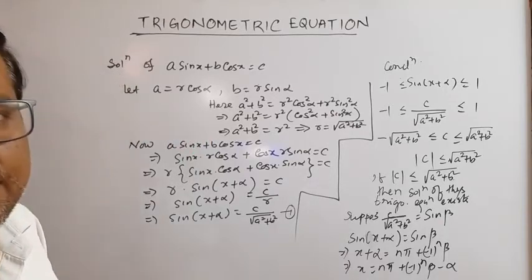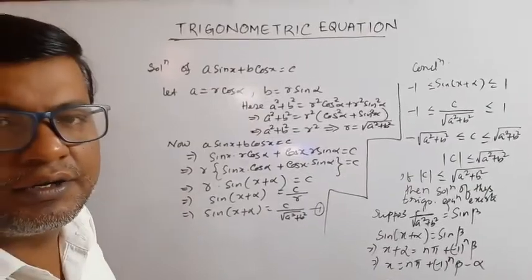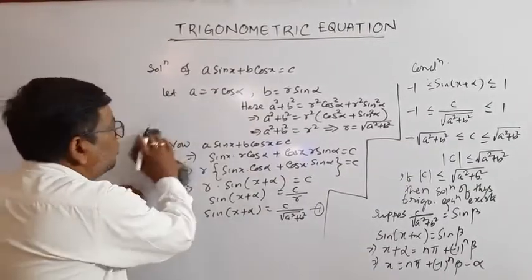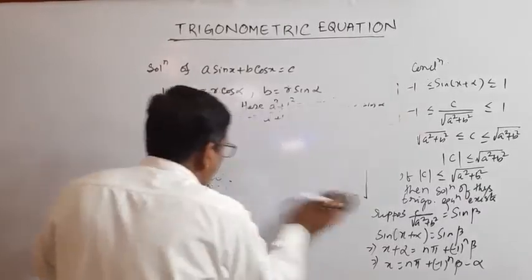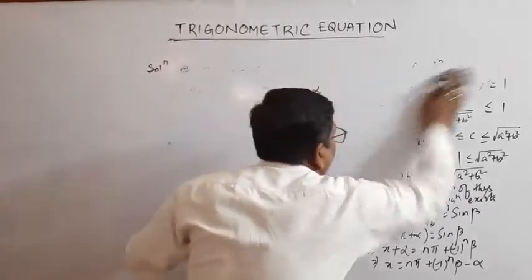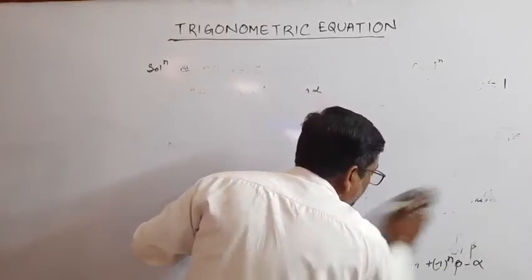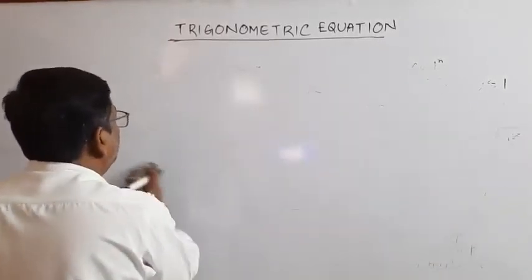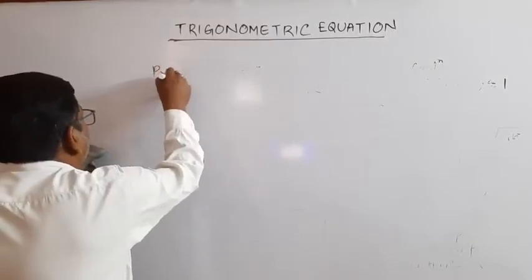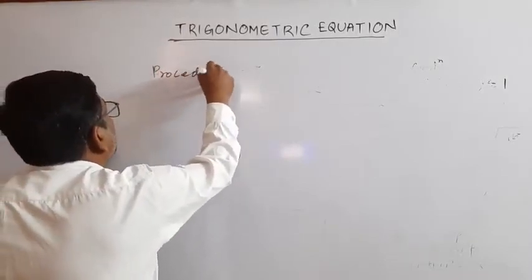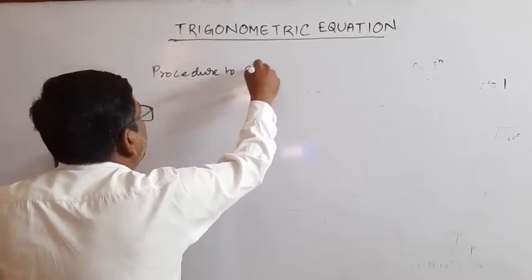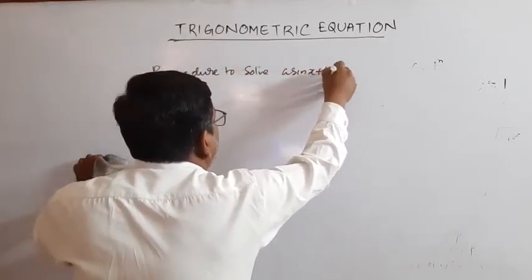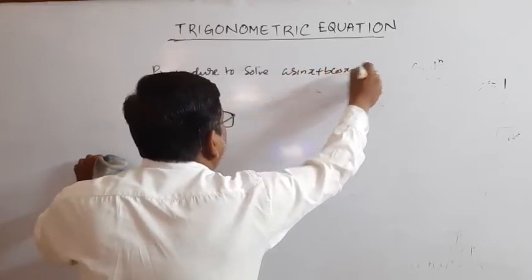Procedure to solve the trigonometric equation of type a sin x plus b cos x is equal to c.